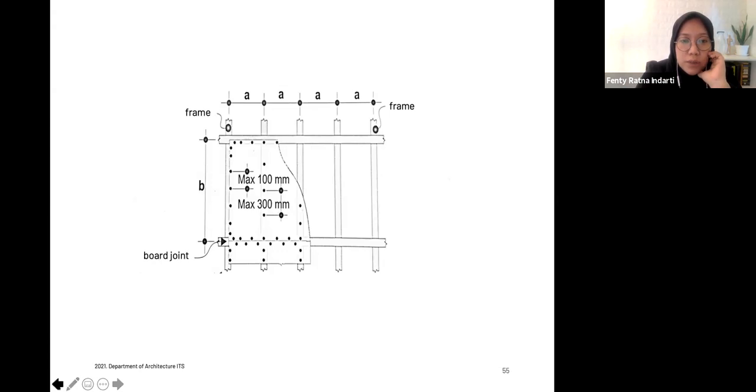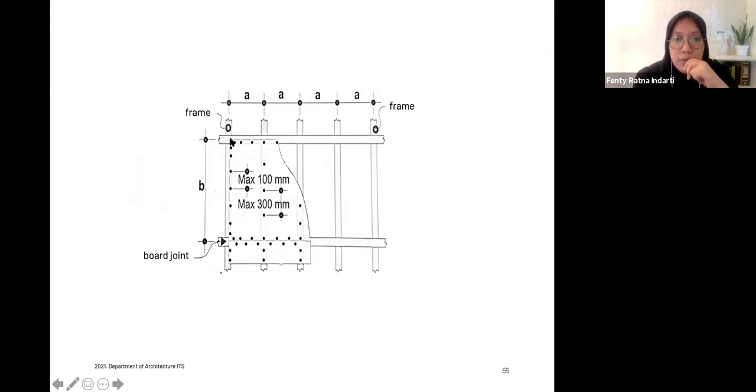And for the partitions, this is what it looks like from the front, not the section. You can see that there is a certain type of framing here, which is usually divided by equal spans, depending on the span of the area where you want to build the wall.